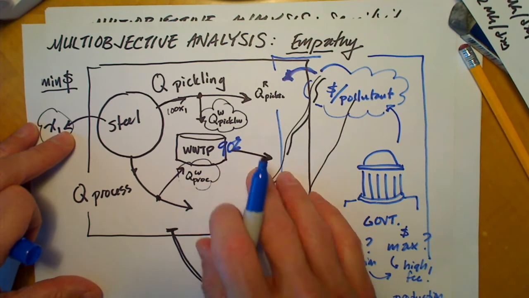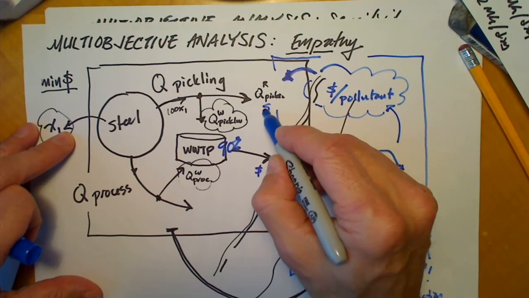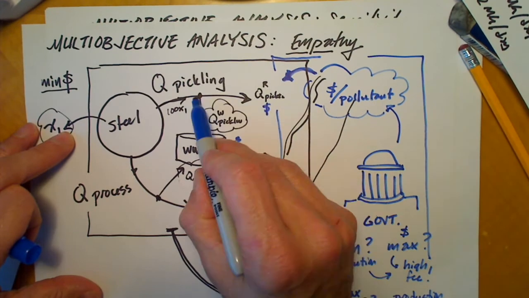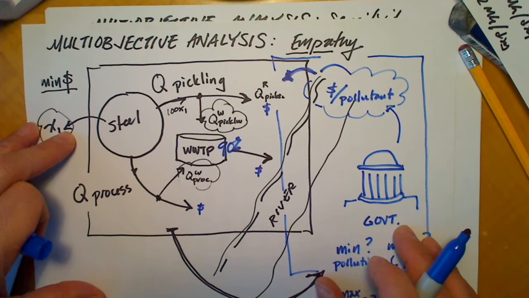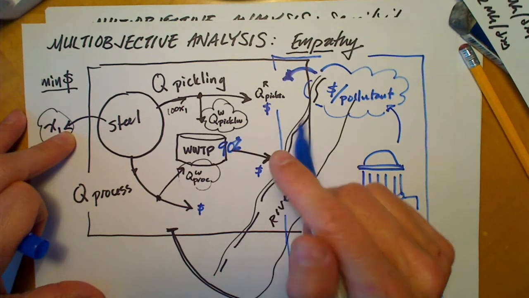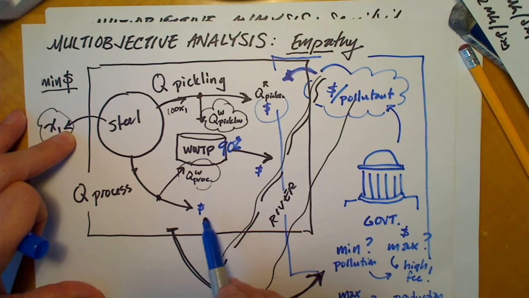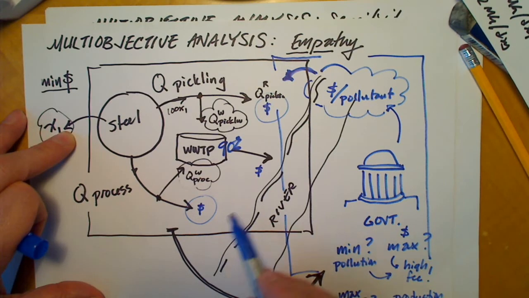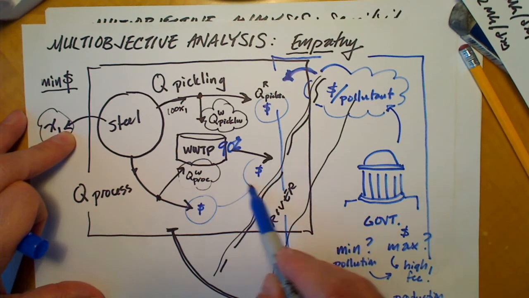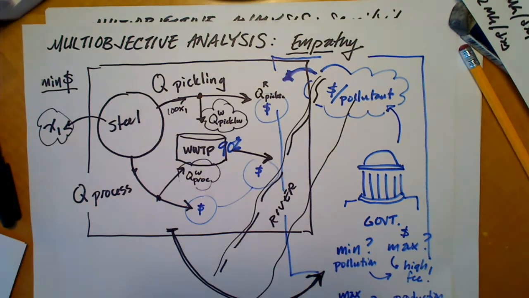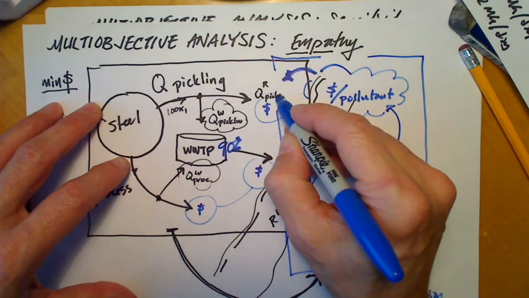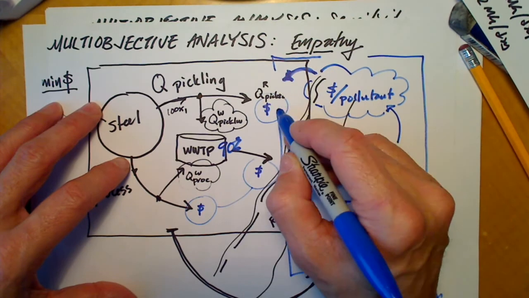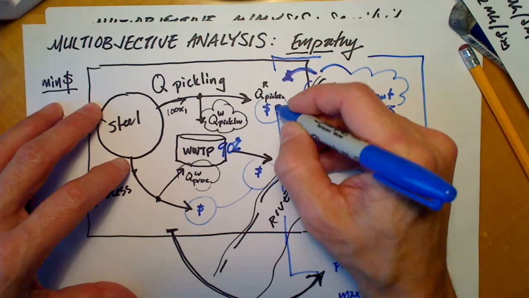If they don't treat it, then they have to pay the full strength of the wastewater coming from pickling and process. The government sets a fee based upon the pickling waste, the processed waste concentration, or the treated waste concentration. The way the government treats it, they have one fee for disposing of pickling waste, which is very high.